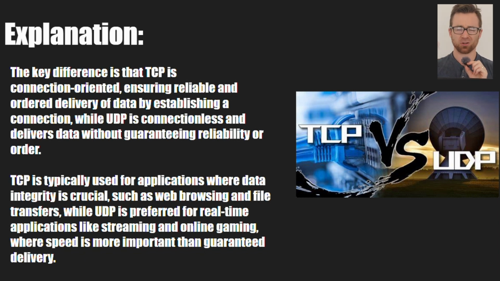An image I learned about when I was studying this was if you have one person here, and there's a brick wall in the middle, and they're trying to pass notes to each other. With TCP, the sender will throw that over, and then they'll ask that person, hey, did you receive my note? And this person might say, yeah, I did, or no, I didn't. They're confirming. And if they didn't, they'll throw that note again until they receive confirmation.